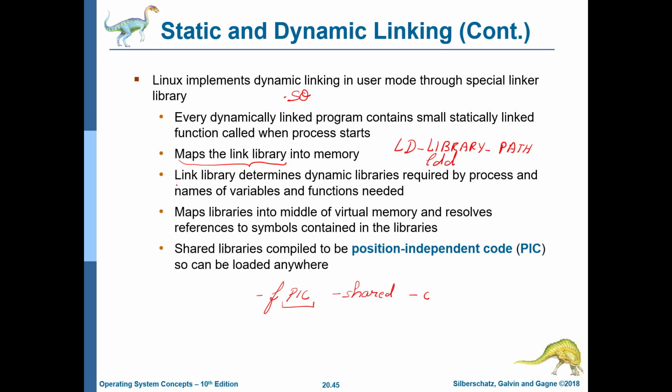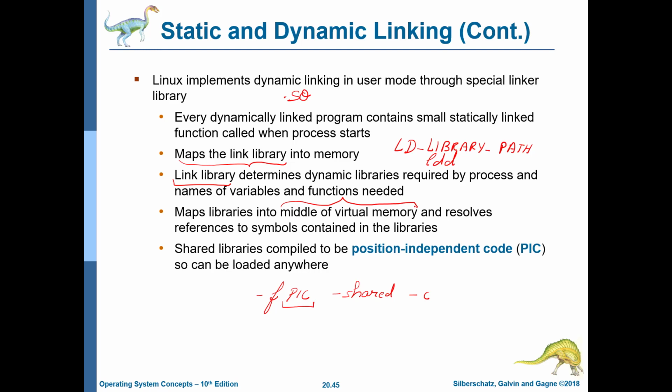The dynamic linker determines the dynamic libraries that are required by a process and which variables and which functions are needed. It takes the code of these libraries and maps them into the middle portion of virtual memory, the memory map, which is stored in virtual memory.